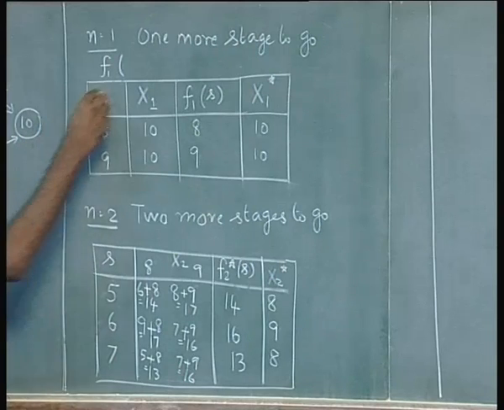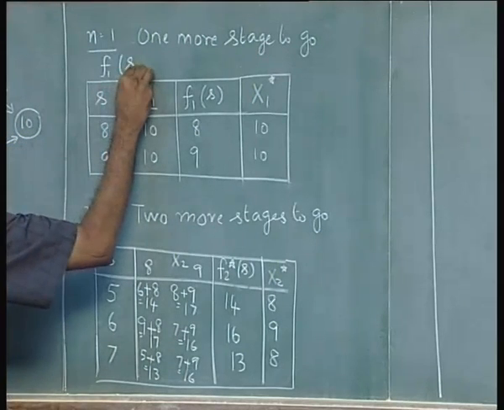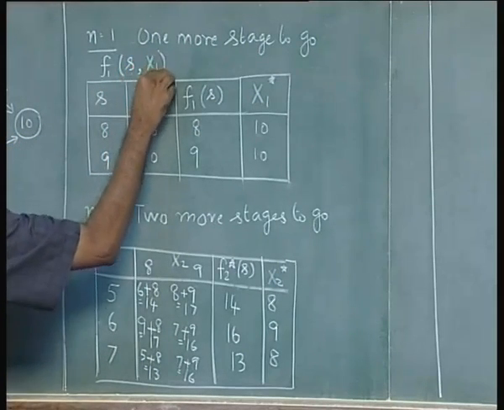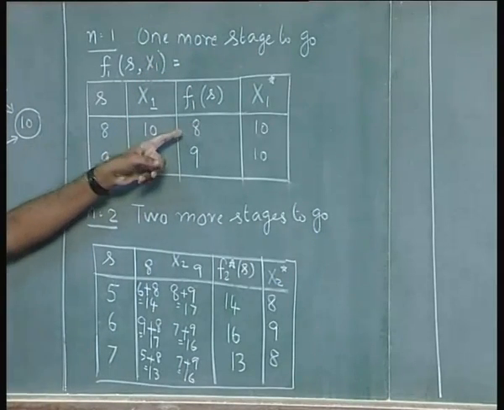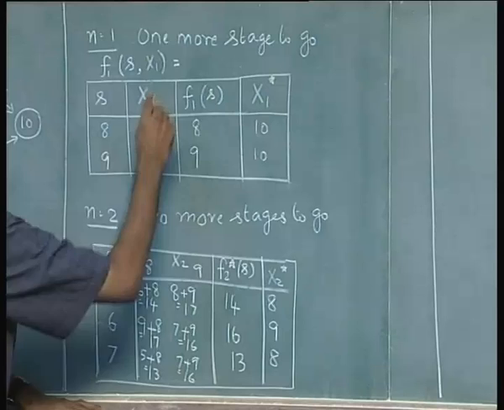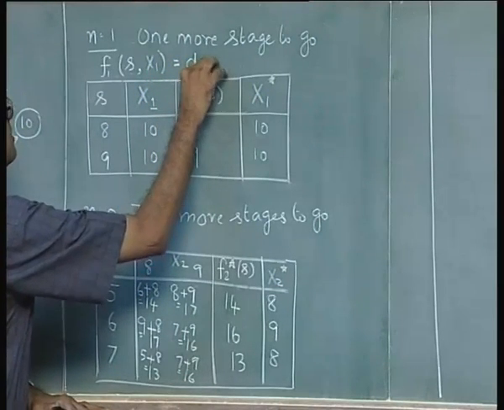I am in a state S, or S1, you could define it suitably, we call it S, and the person decides to go to X1. Now the value of the function that we are going to have is d S x1.